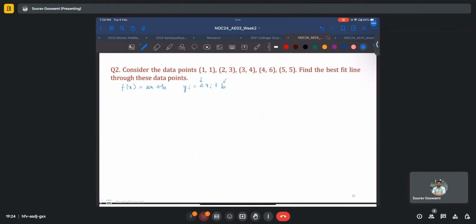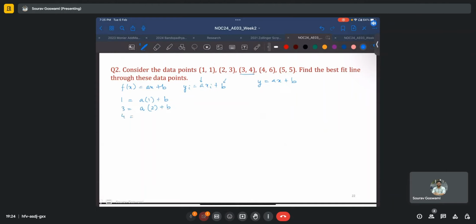So in this case, let us again assume the function y equals ax plus b. For these various data points, what we end up with is y equals a1 plus b, 1 equals a1 plus b, 3 equals a2 plus b, 4 equals a3 plus b.